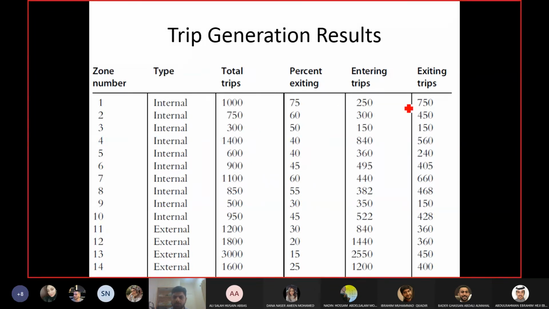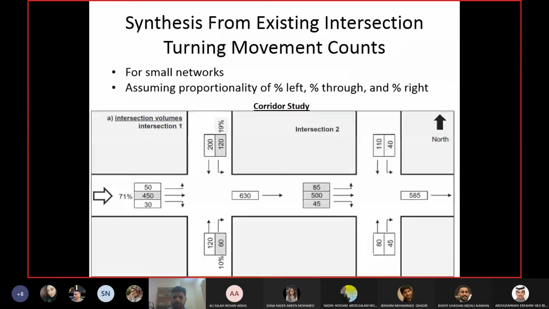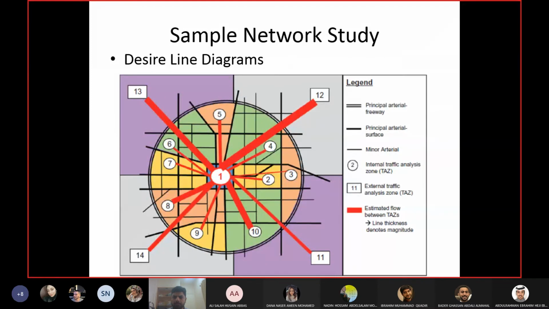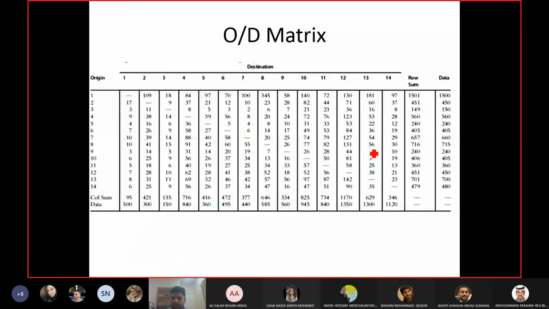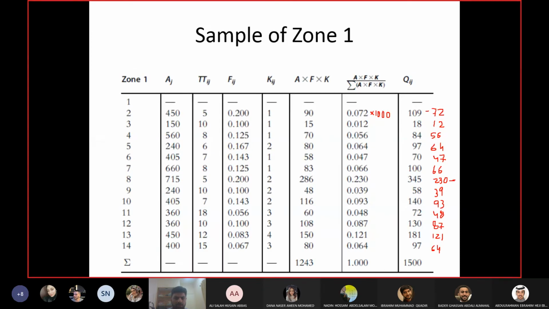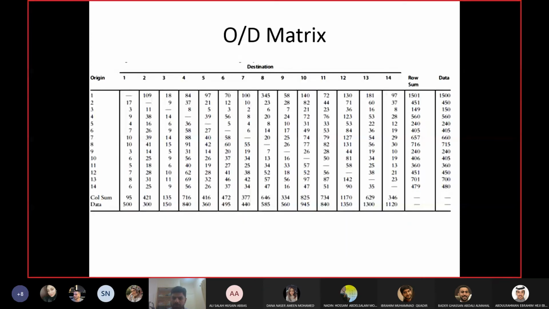Trip produced from zone 1, then it should be 750. So we have 451, then 150, then 560, which is for zone 3, 240, and so on.